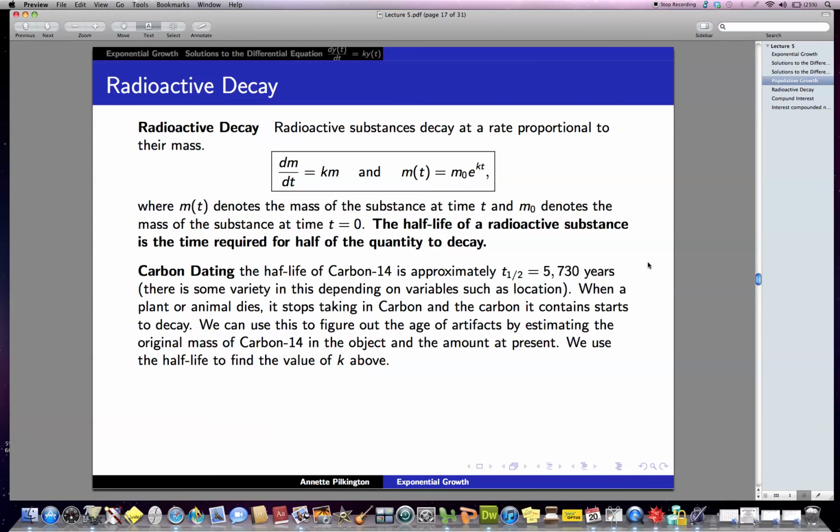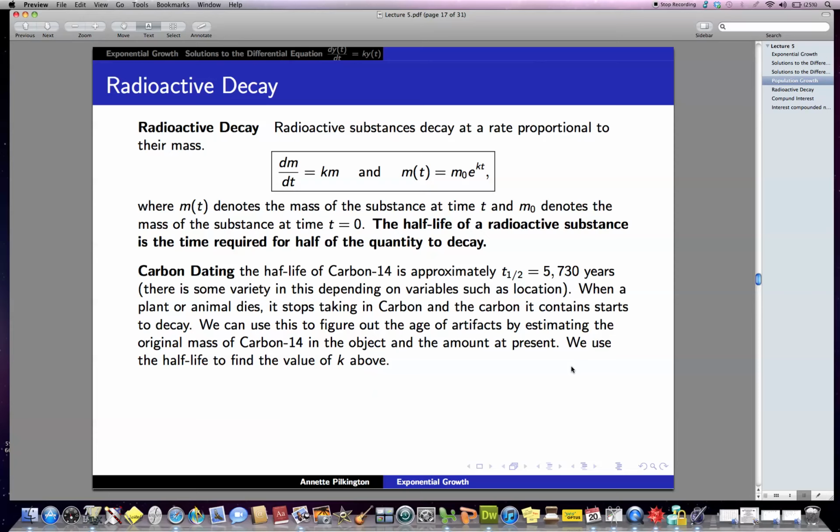And this can be used for a process called carbon dating, which is often used to figure out the age of artifacts. And one can do that by estimating the mass of carbon-14 in the object when it was made.